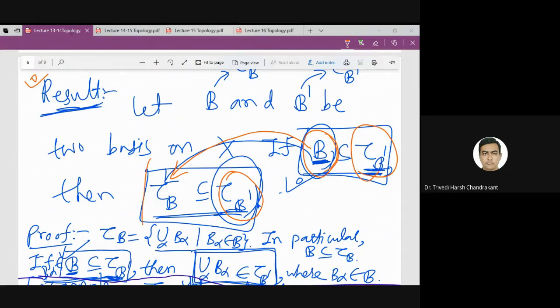So whenever I want to show one topology generated by one basis is contained in the topology generated by another basis, we can use this result. So the only thing I have to show is this. So that is the meaning of this result.